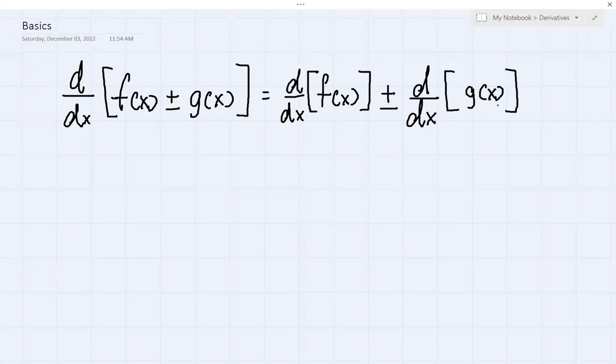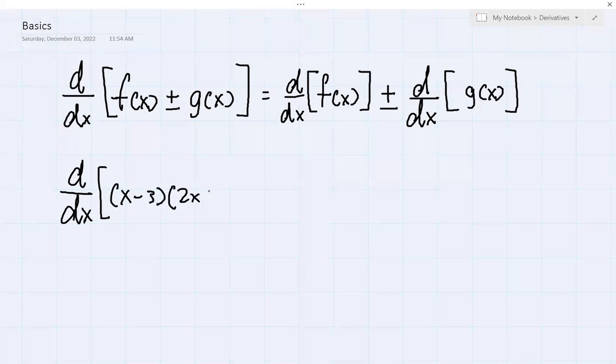So dito, kung mapapansin nyo, we're going to have examples that is a given polynomials pero meron silang exponent. Just like what I said in the previous video about this one. So kapag kaya natin itong i-differentiate, kunwari, meron tayong the derivative of quantity x minus 3 times quantity 2x plus 4.